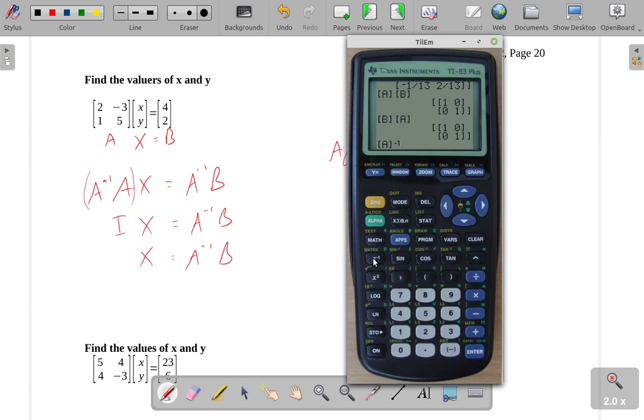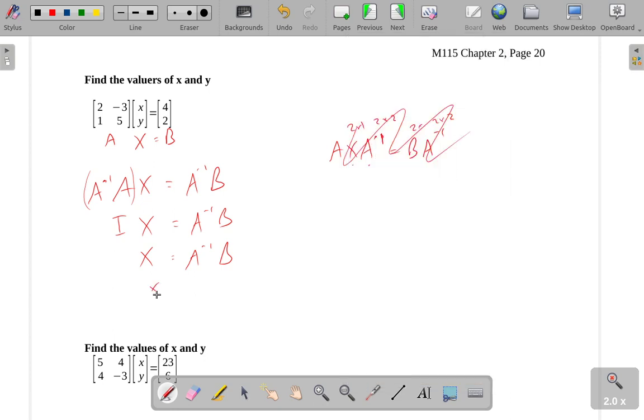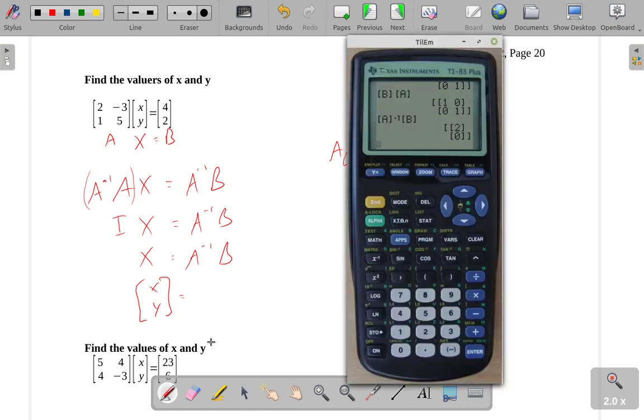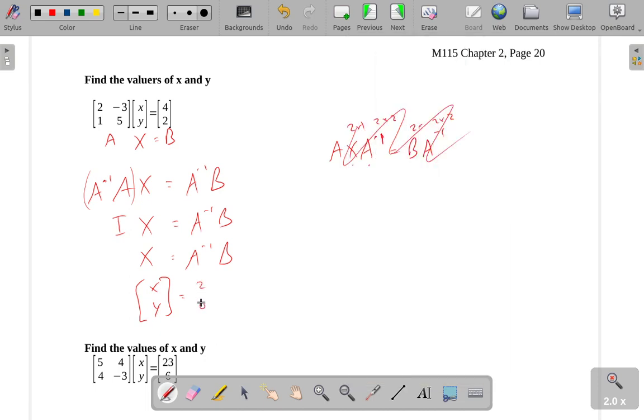And then I'm going to do matrix B here. A inverse times B gives us 2, 0. So that means this matrix, the capital X, which was lowercase x, lowercase y, is equal to the matrix 2, 0. So that means x equals 2 and y equals 0.